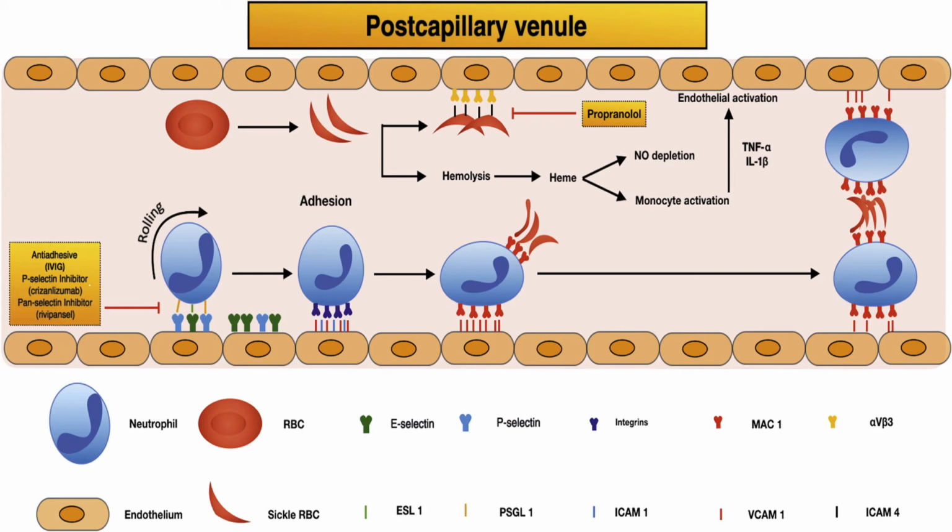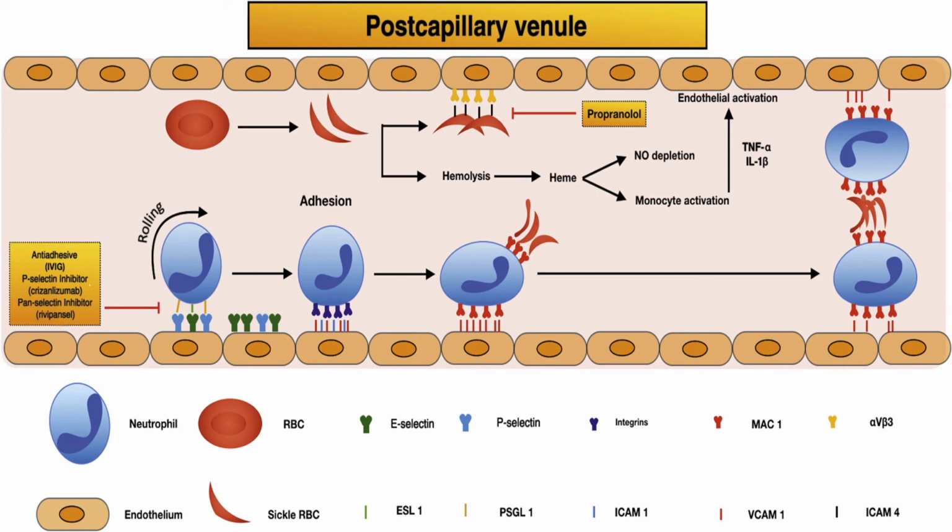So because of this increase in adhesion molecules, the neutrophils undergo rolling, then adhesion, then diapedesis. The same adhesion molecules are also expressed not only in the neutrophils, but also in the sickle cells, and are also increased in the platelets.